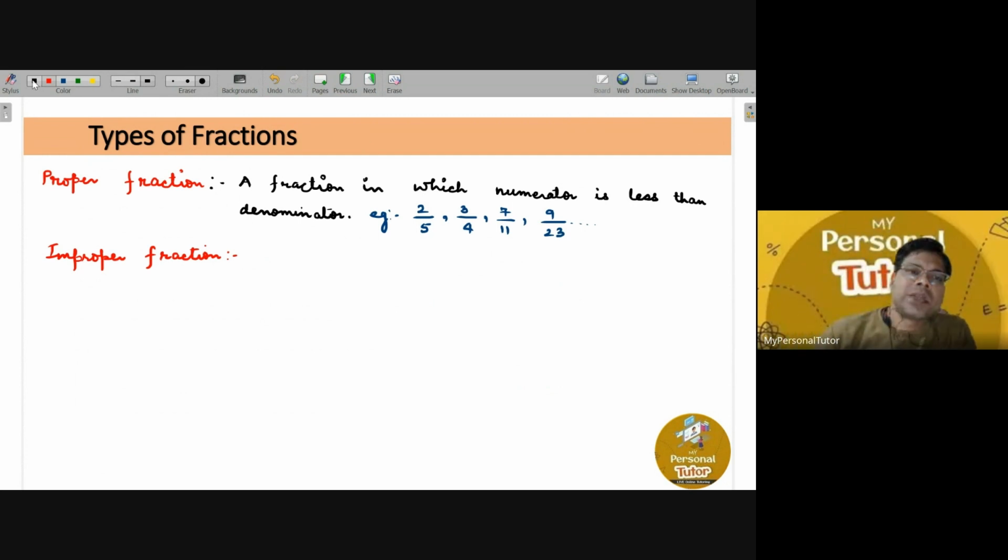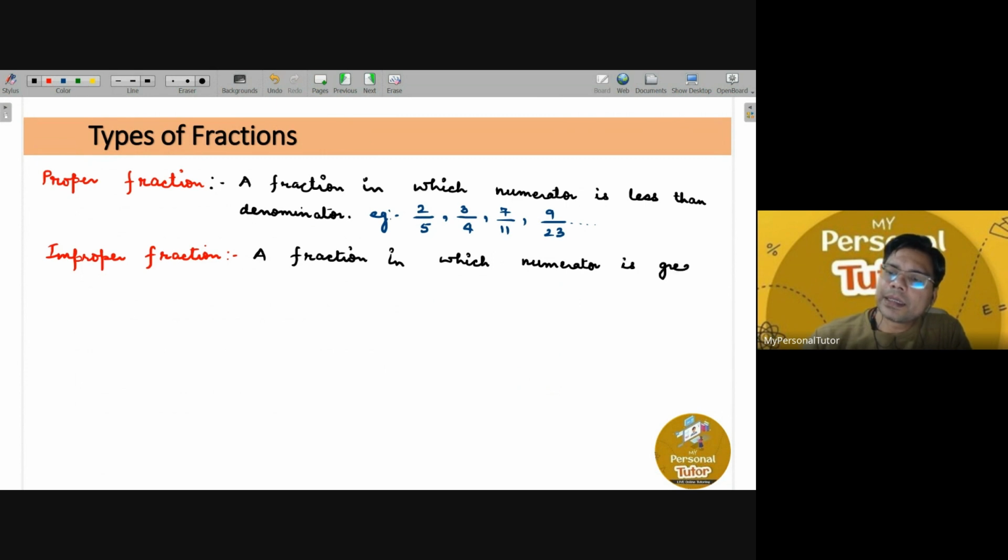What is the meaning of an improper fraction? A fraction in which the numerator is greater than the denominator.